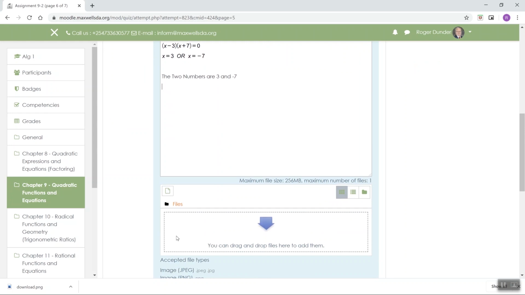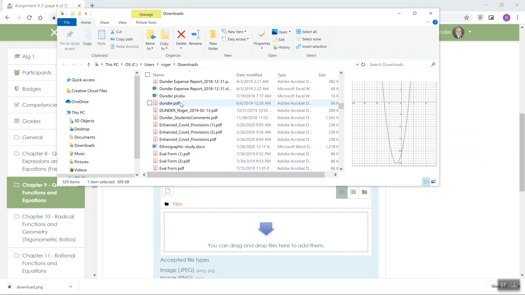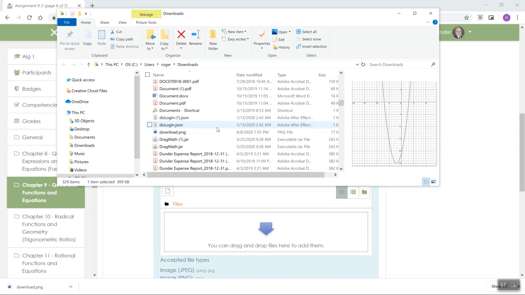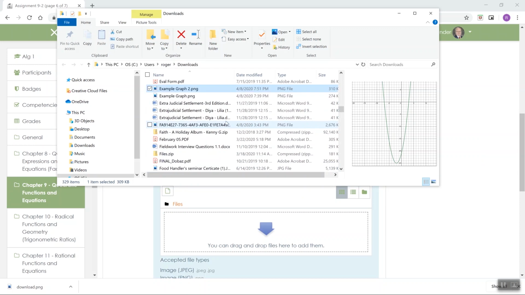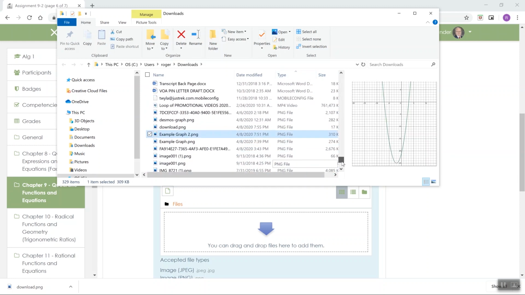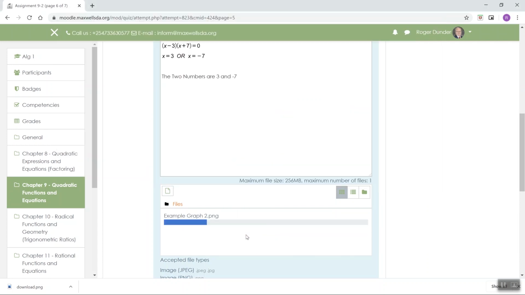So I'm going to go over here and look for my file. And if you remember right, we called it example graph 2. And here again, I'm not sorted by type, so let me sort by type. Example graph 2. I just drag it down here. That's the easy way. Okay. And there's my graph.